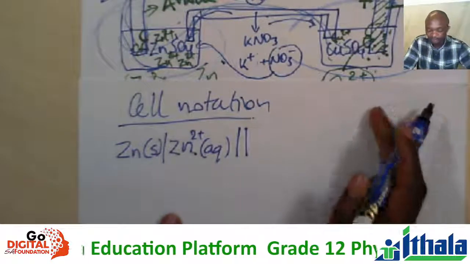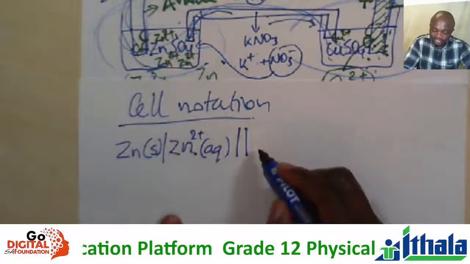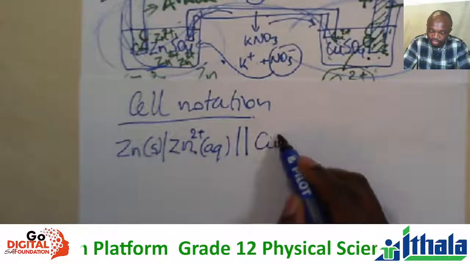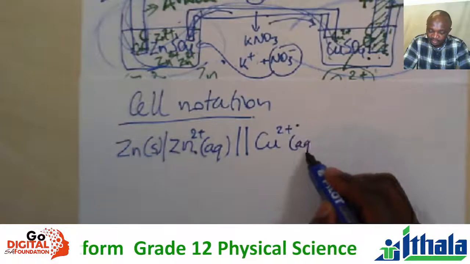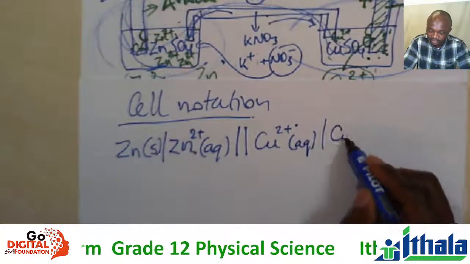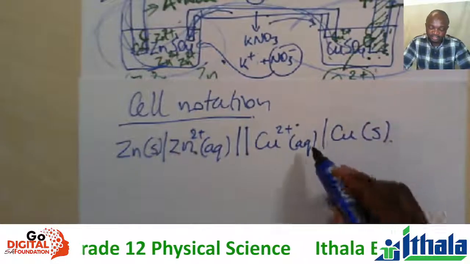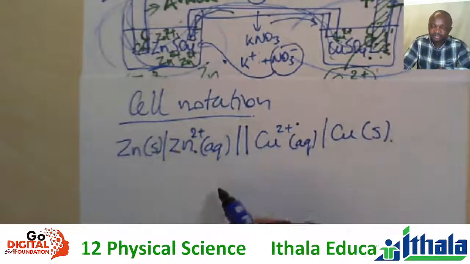Then we come to the cathode side. With the cathode side we are talking about the substance that is reduced. What was reduced is Cu2+. Once reduced it changed to Cu. One line, then you have Cu, a solid. If we represent it like this, it is a cell notation.